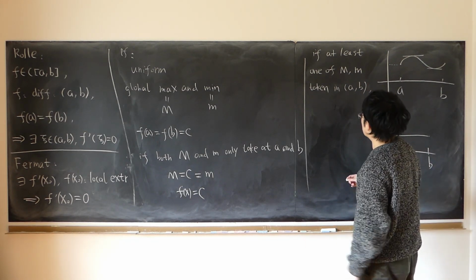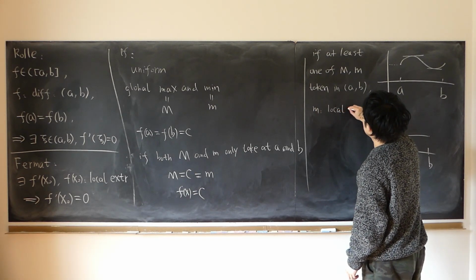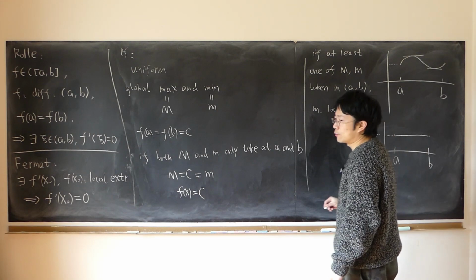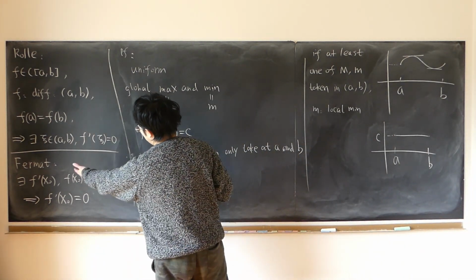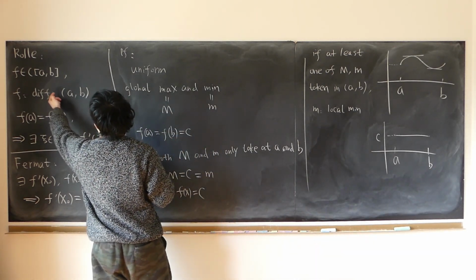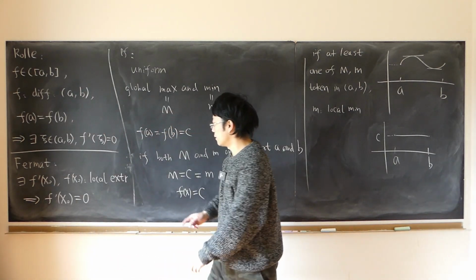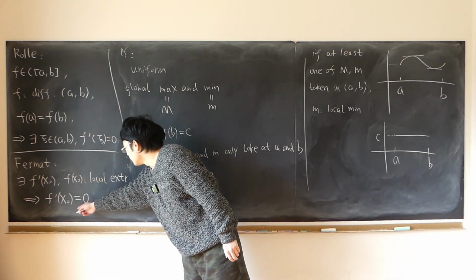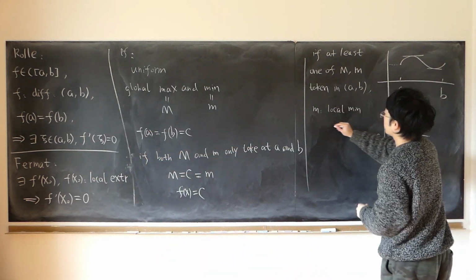Since it's a local minimum, then according to Fermat, if the derivative exists, does the derivative exist? We're given that its derivative always exists inside the open interval. Then according to Fermat, the derivative at this point has to equal 0.